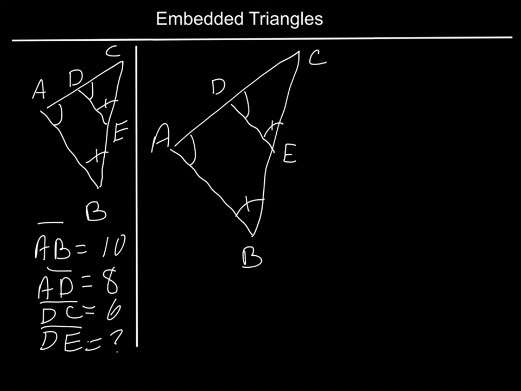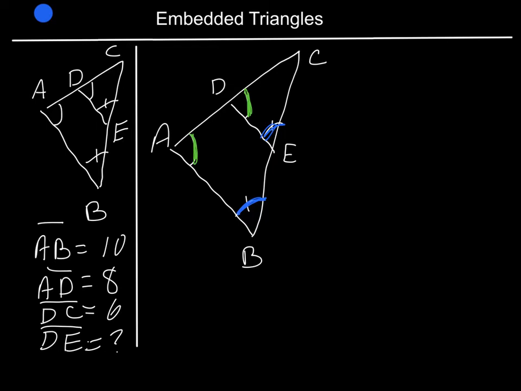Okay, so now what we're going to take a look at here is this angle here is congruent to that angle there. That's good. So we have two of our three angles that we know are congruent because they are telling us by their markings.